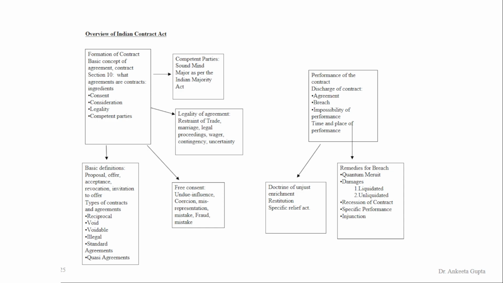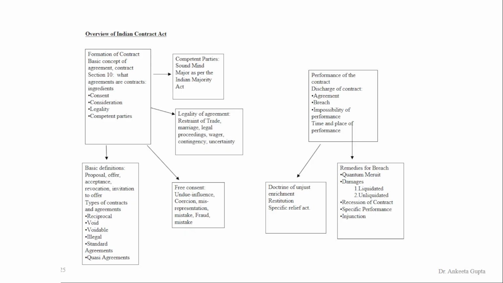So there are certain basic principles. When is it that we say that an agreement is being formed? When is it that we say that the agreement enforceable by law becomes the contract? What are the various ingredients that must exist in order for the contract to be formed?